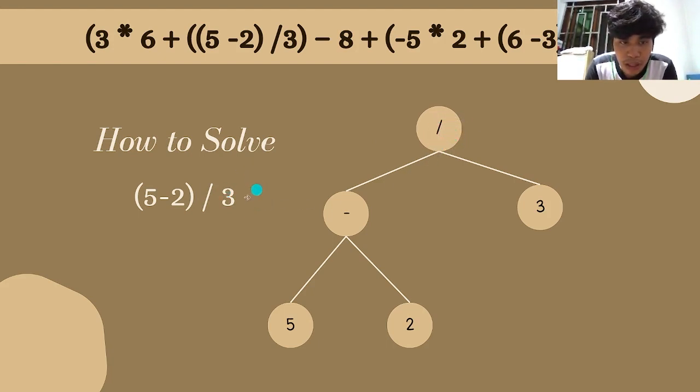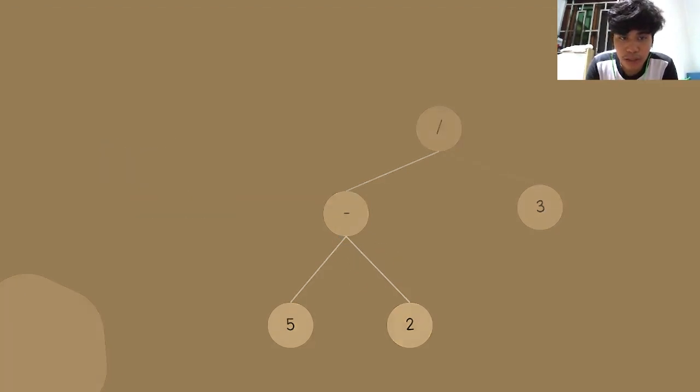Now we see that the constant 3 is at the right side of this operator, so we put that node, the number 3, at the right side of the parent node, the divisor. Then we put here the quantity of 5 minus 2, which we solved earlier, at the left side of the divisor. And then we proceed here.